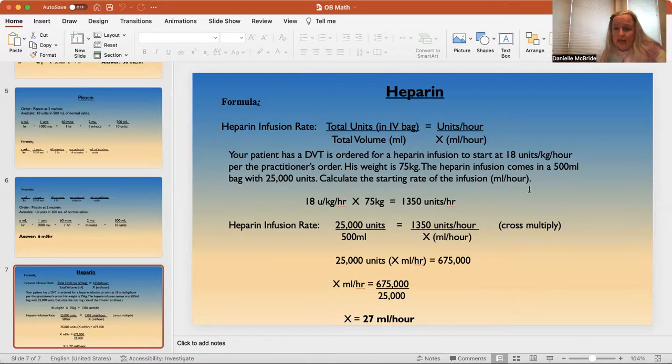And what we have is heparin, 25,000 units in 500 mLs. So write out what you know. That's really all that I need to know from this, and now I'll be able to solve it.